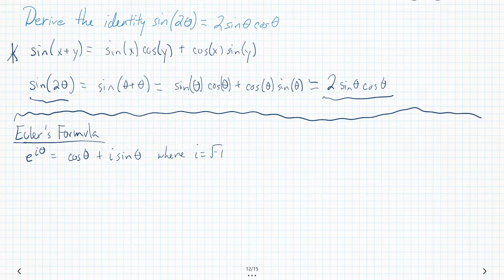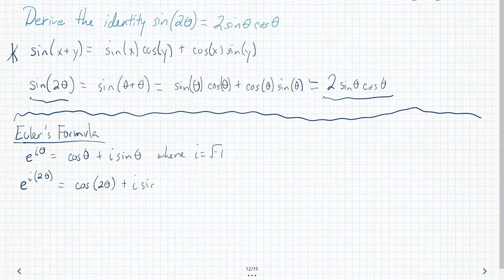One of the angles we want to work with is 2 theta, right? So how do we get that identity? Not only will we get the 2 theta, we'll get another one for free here. So rather than plugging in theta right away, I'll put e to the i 2 theta, and notice we get cosine of 2 theta plus i sine of 2 theta. And you might say, whoopity-doo, Josh, you haven't done anything yet.